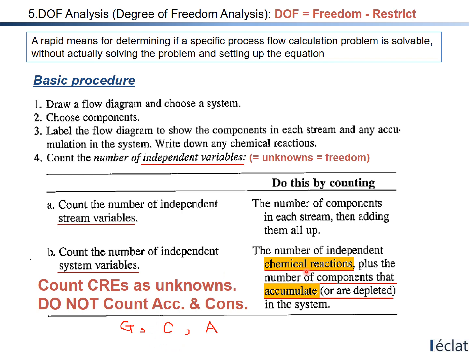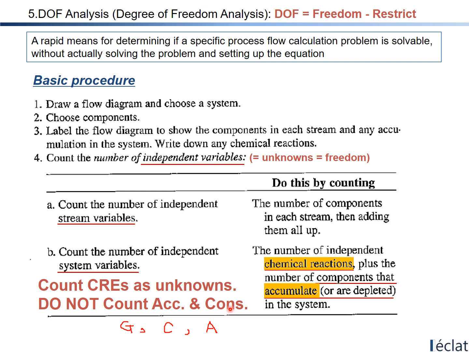So from the chemical reactions you could obtain the generation term and consumption term. So for counting the number of independent system variables, just count the chemical reaction equations as unknowns, but do not count accumulation terms and consumption terms.